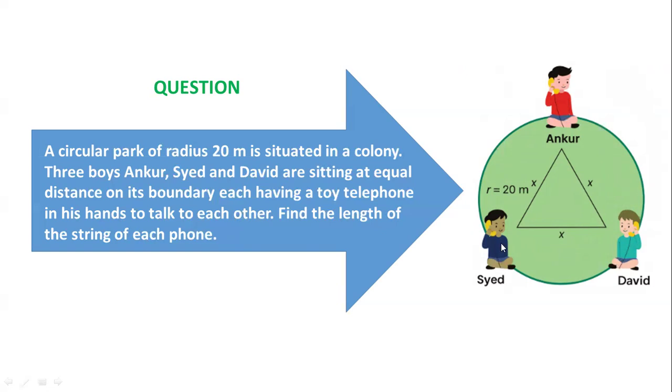Since they are equally distanced, this forms an equilateral triangle, so all three sides are of the same length. This is the situation where we have to find the length of the string they require to connect with each other. It's a toy telephone, and they can talk to each other through this phone.